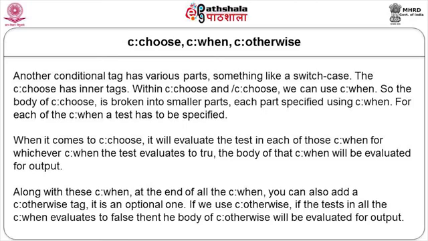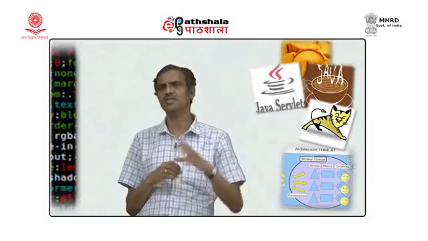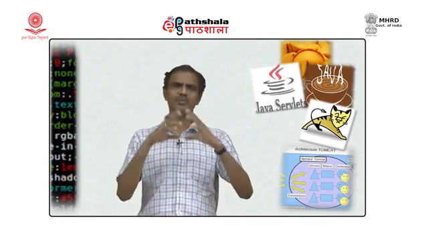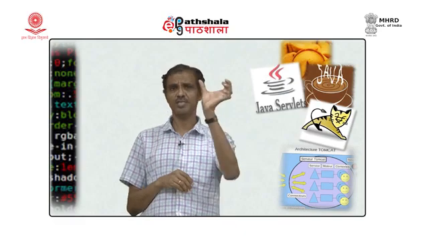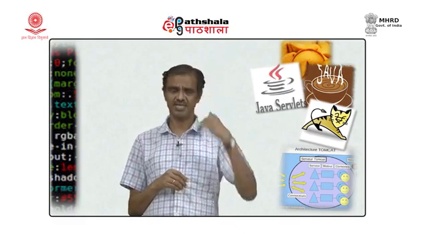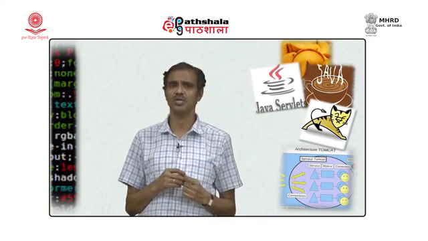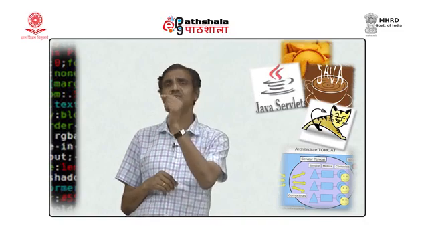Another conditional is more like a switch case kind of thing. On those lines, we have something called c:choose. You can say c:choose and /c:choose. Within c:choose and /c:choose, we can say c:when.